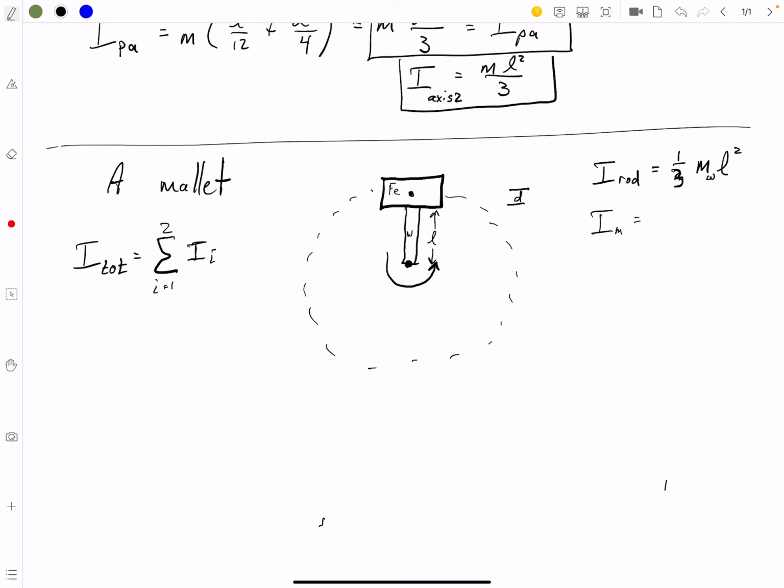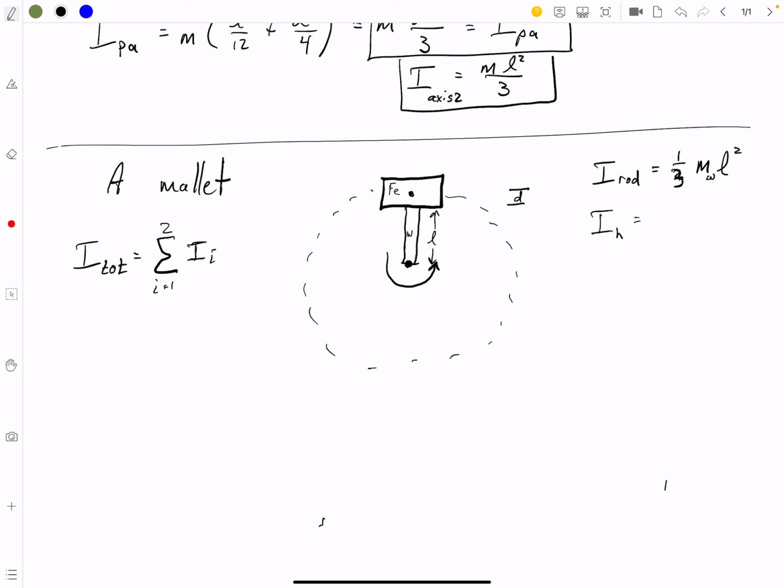I don't want to call the whole thing a mallet. Should we call it the head of the mallet? Okay. So we're going to do that. That's going to be just as before. It's an object that is going in a circle, and we don't really know what's holding it in place, right?